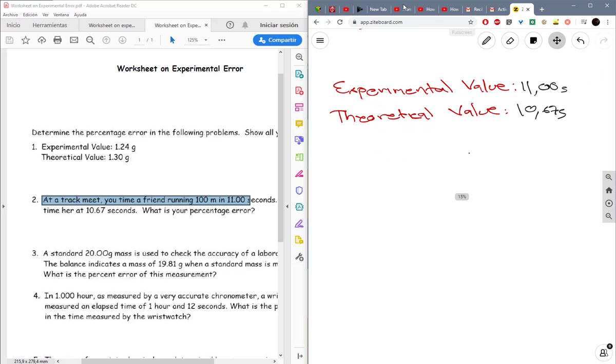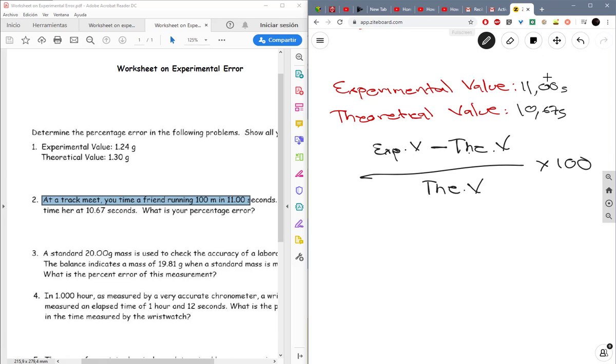Let me write it again. Experimental value, I am going to make it shorter, minus theoretical value over the theoretical value times 100, but don't forget that this has an absolute value and this has an absolute value. So let's do it with these numbers.